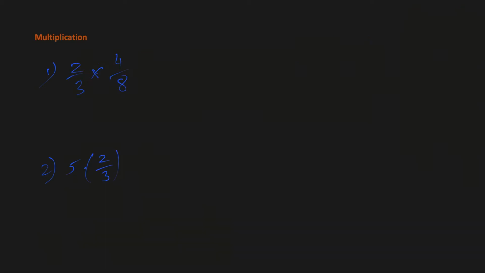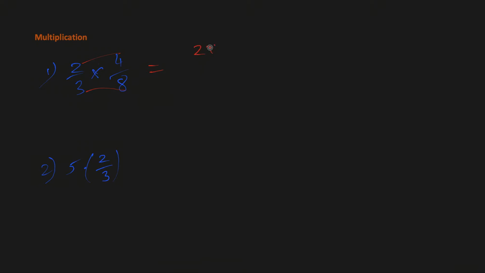Okay, so let's move on to the other part, which is multiplication. If you want to compare addition, subtraction, and multiplication for a given fraction, multiplication is the easiest. All you have to do, for this example, 2 over 3 times 4 over 8, is multiply the numerators together and the denominators together.